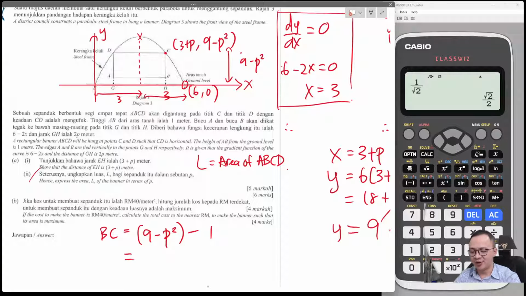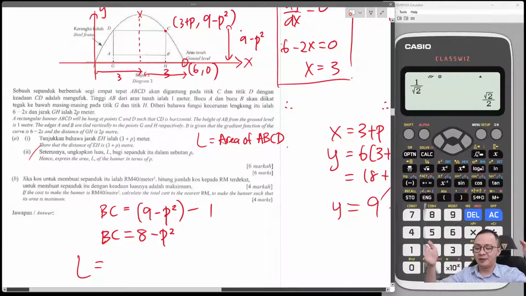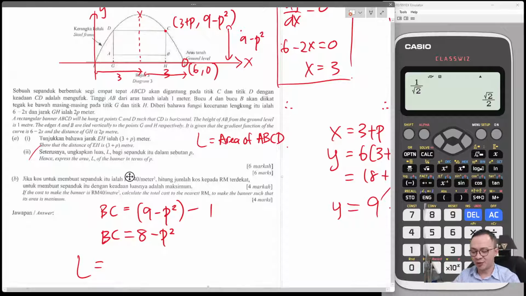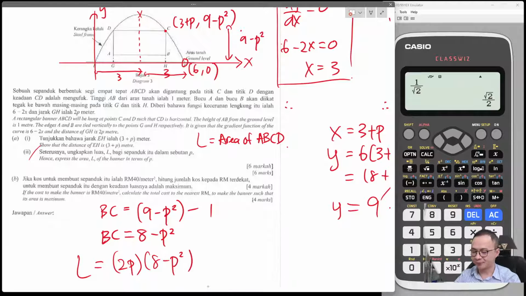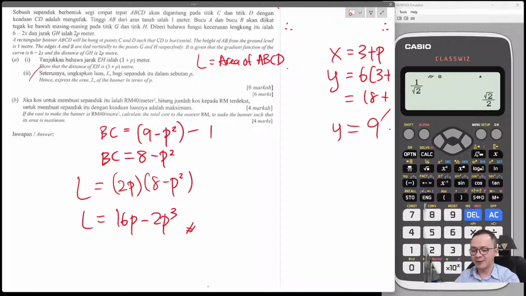So it's 8 minus p squared. After I got the BC, now I can find the L. L is basically length times width, isn't it? AB is 2p. So it's just 2p multiply BC, 8 minus p squared. So I will get my L easily: 16p minus 2p cubed. Done.